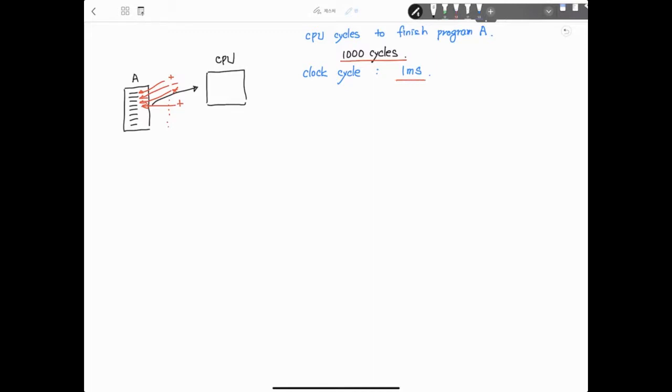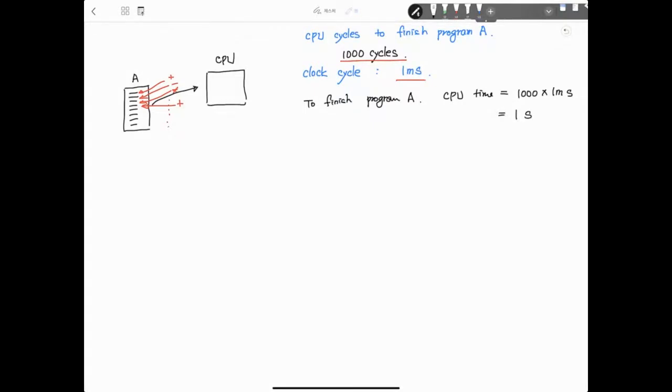Then how many seconds do we need, or what's the CPU time for this program? Yeah, 1,000 cycles, and each one is 1 millisecond, which is 1 second.